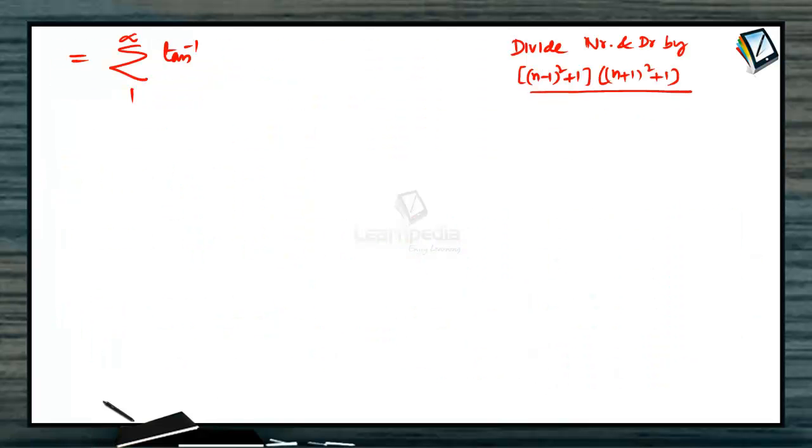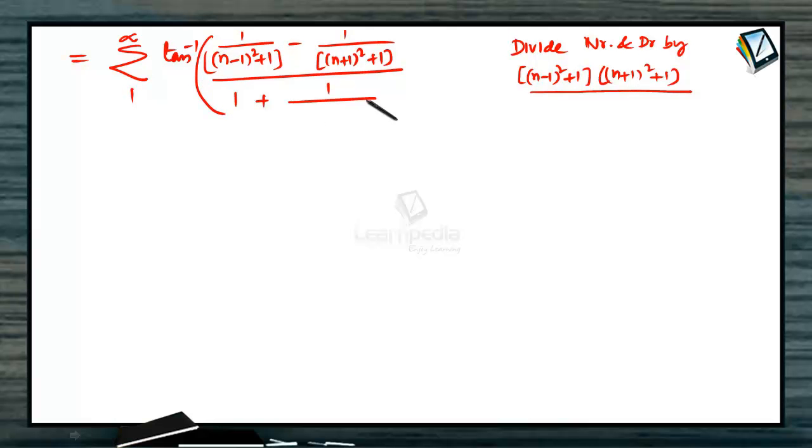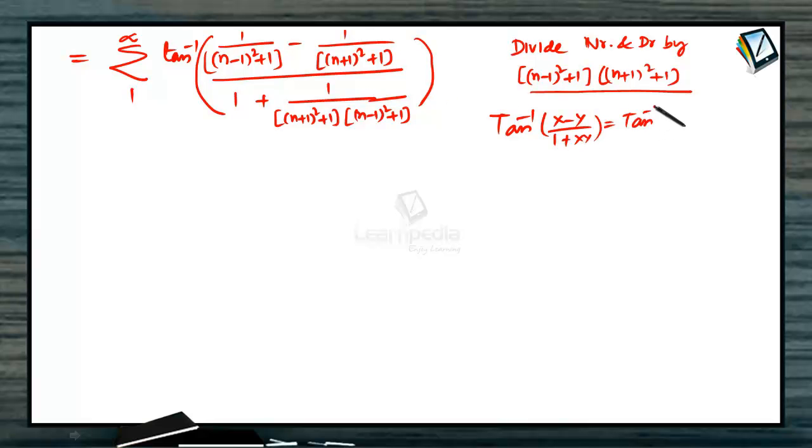So this becomes tan inverse of 1 by n minus 1 square plus 1 minus 1 by n plus 1 square plus 1, total divided by 1 plus 1 by n plus 1 square plus 1 into n minus 1 square plus 1. So this is in the form of tan inverse of x minus y by 1 plus xy, which can be written as tan inverse of x minus tan inverse of y.